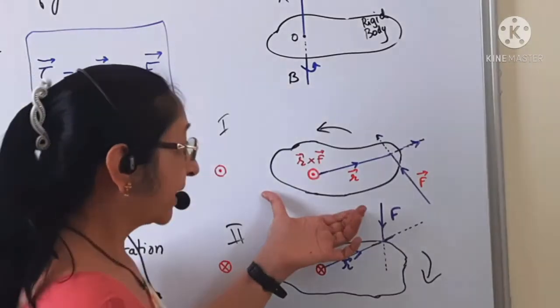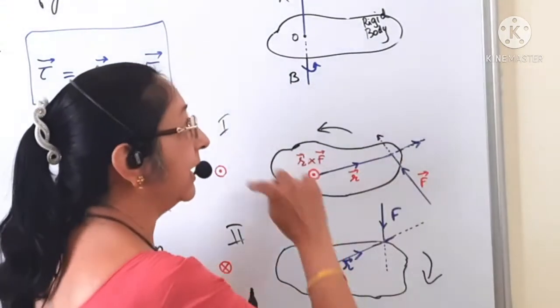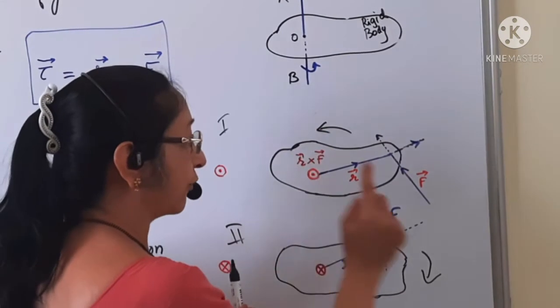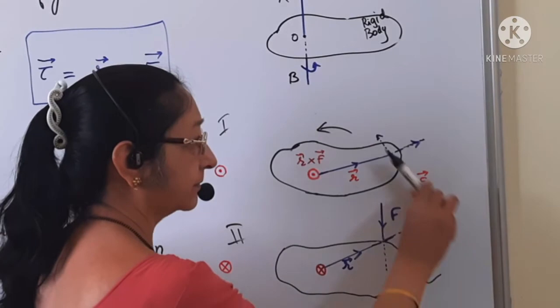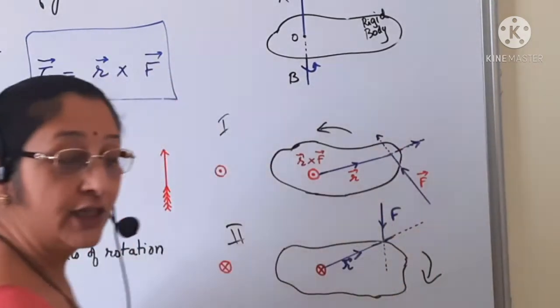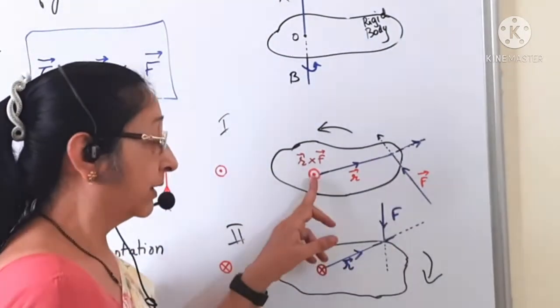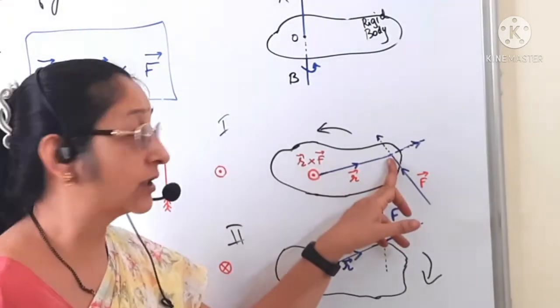So we will discuss the case 1 first. Here, in this case, this is the rigid body and the axis of rotation is here. So this is the axis of rotation and the force is applied in this direction. So this is F, and R is a vector joining the axis of rotation to the line of action of the force.